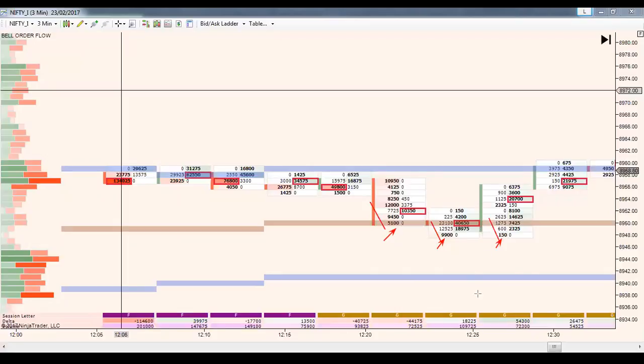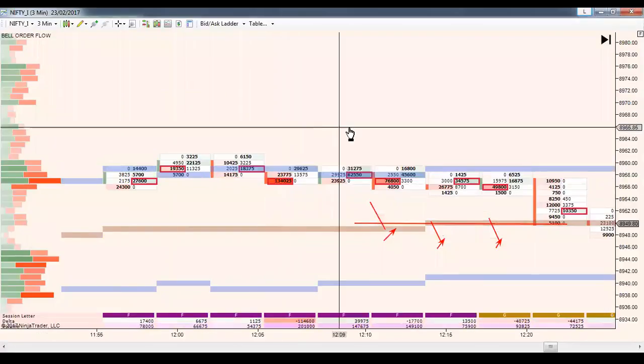So this is another sign. This many times happens at the tops also. Lack of interest is another sign which tells you that the market is not ready to move in that direction, and it might reverse. What was the reference here? This VWAP was here. Just below the VWAP, if you see this kind of activity, it suggests that sellers are not interested, and buyers might soon resume control of the market.